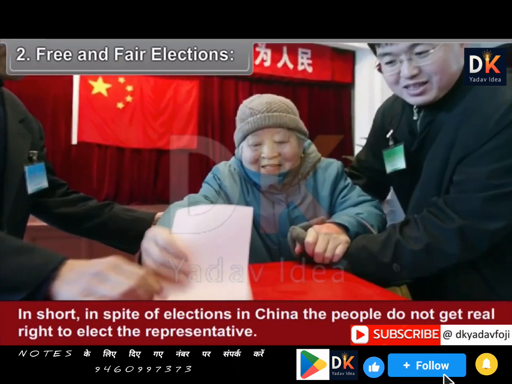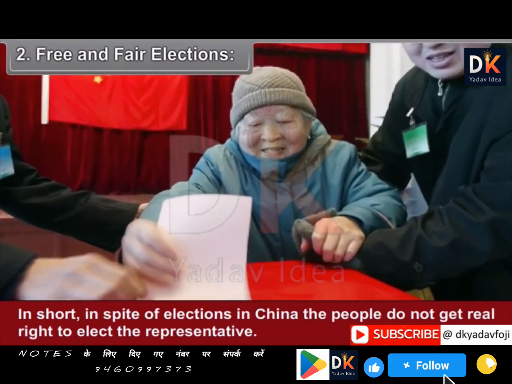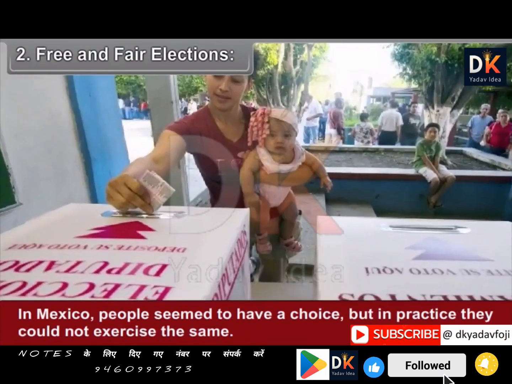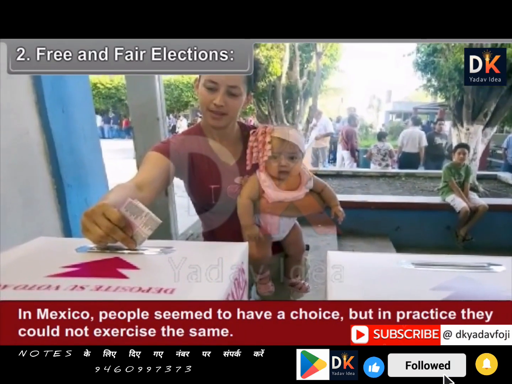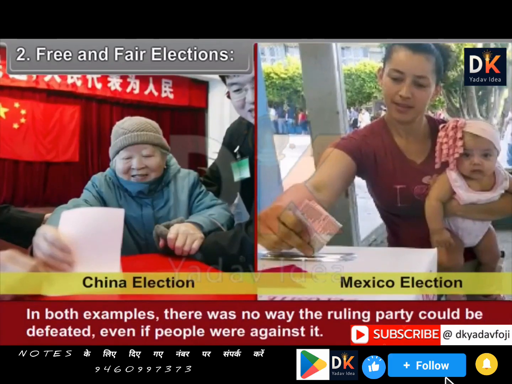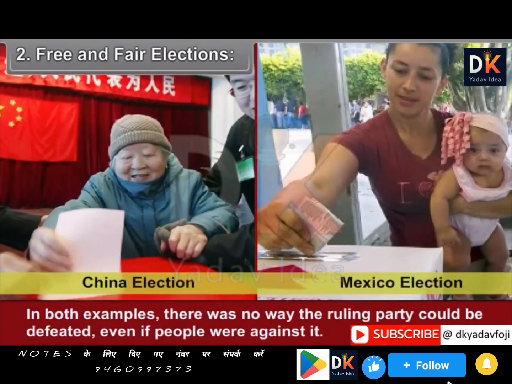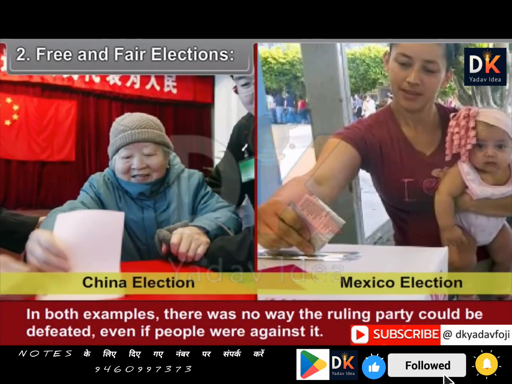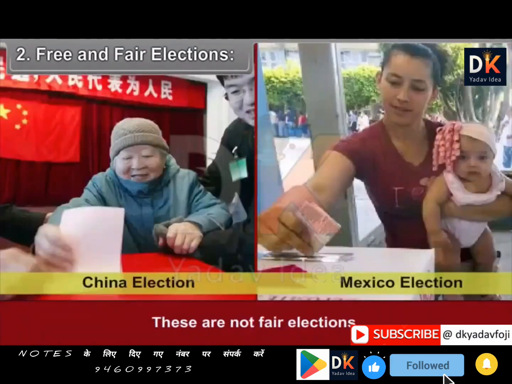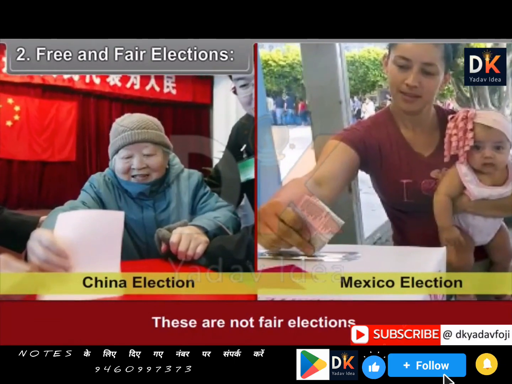In short, in spite of elections in China, the people do not get the real right to elect the representatives. In Mexico, people seemed to have a choice, but in practice they could not exercise it. In both examples, there was no way the ruling party could be defeated, even if people were against it. These are not fair elections.